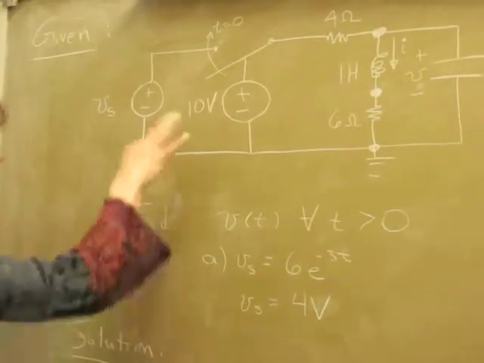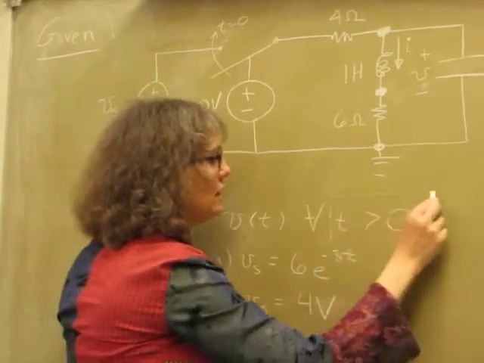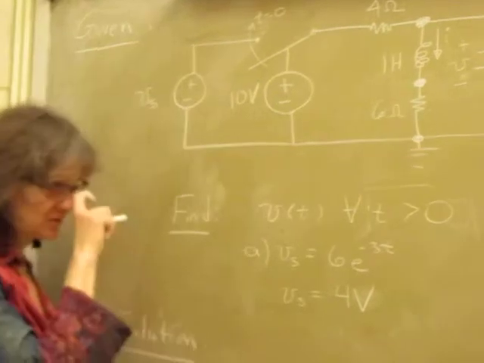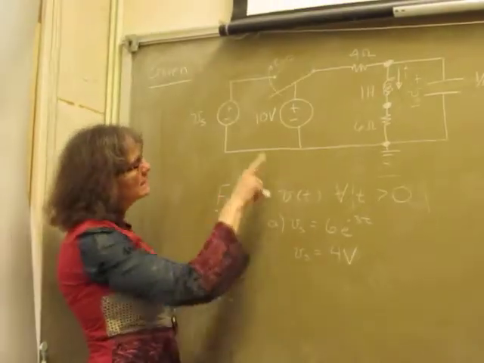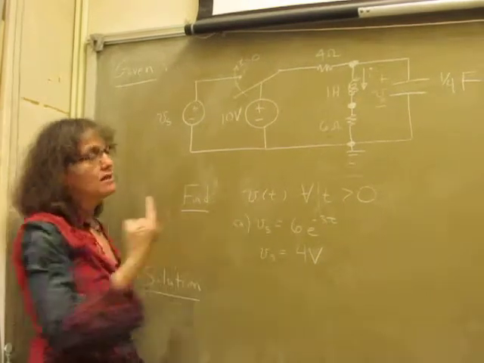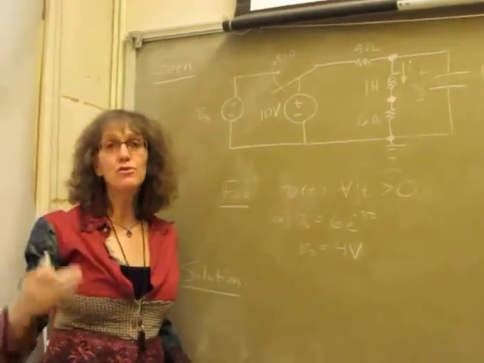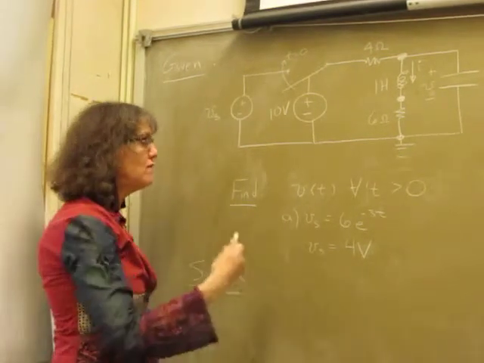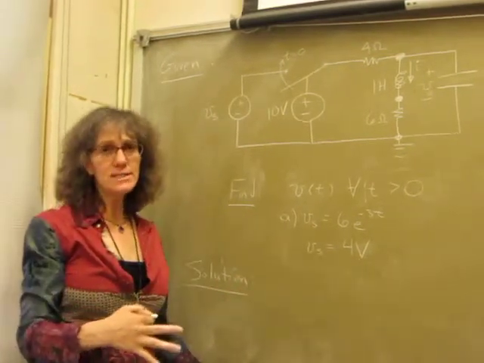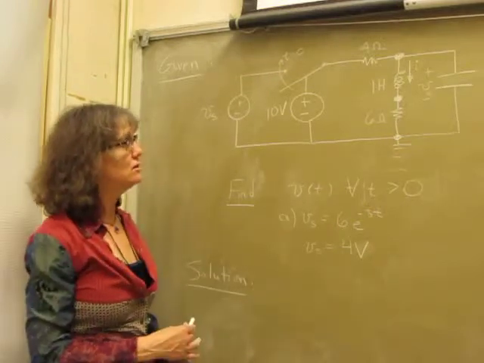I'm realizing that I have a switch in this problem, and I'm really only interested in the values at t greater than 0. But the reason I need to look at the circuit at t less than 0 is so that I can find some initial conditions, so that I can use those later to evaluate the arbitrary constants in the natural part of the solution to the differential equation.